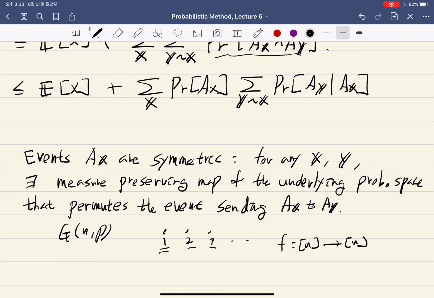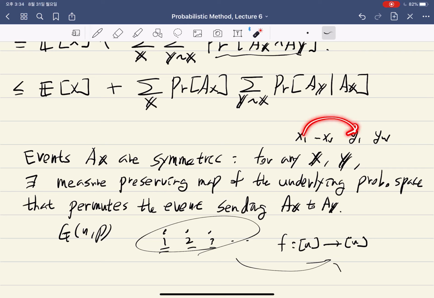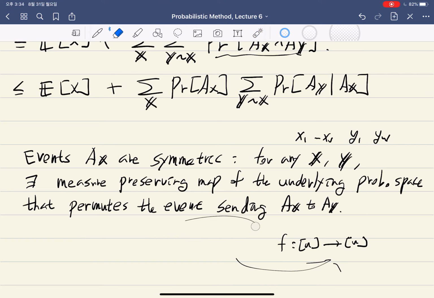If you take a bijection sending x1 to y1, x2 to y2, and xb to yb, and the rest is fixed, and apply it to the binomial random graph, the result has the same distribution. So that means this x and y are not important.